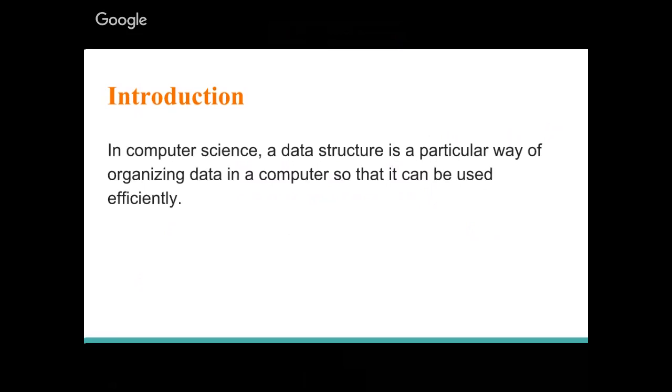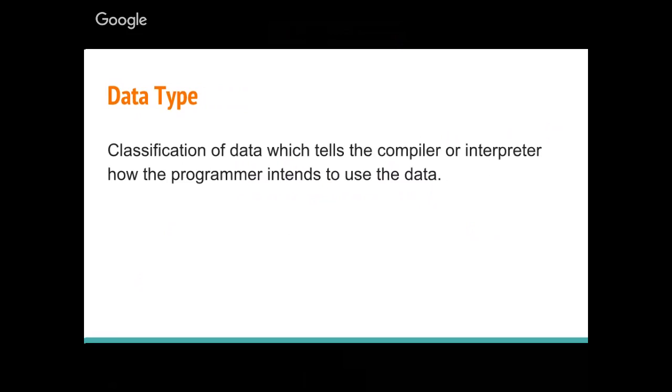Before we try to understand in more depth what a data structure actually is, it is very important to first understand what a data type is. A data type is simply a classification of data which tells the compiler or interpreter how the programmer intends to use the data.